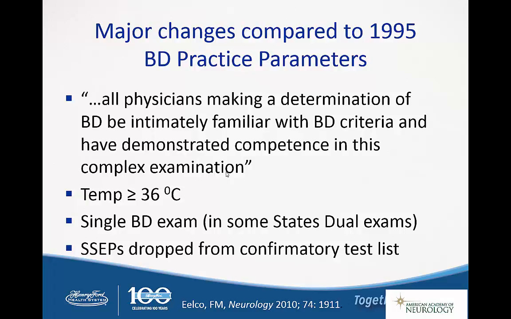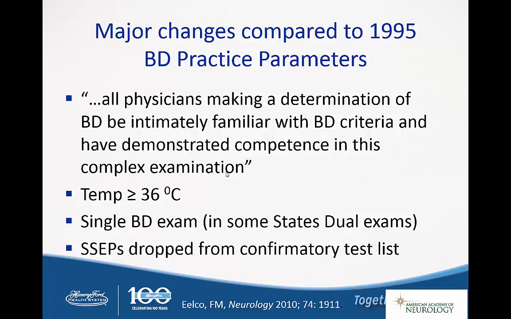practice guidelines, is this first statement, which is that physicians making a determination of brain death will be intimately familiar with the criteria and have demonstrated competence in this complex exam.